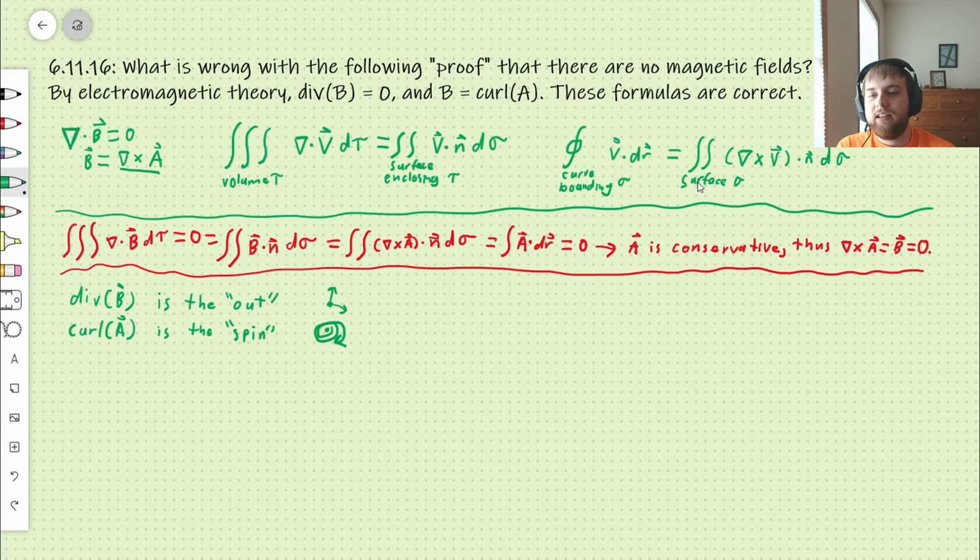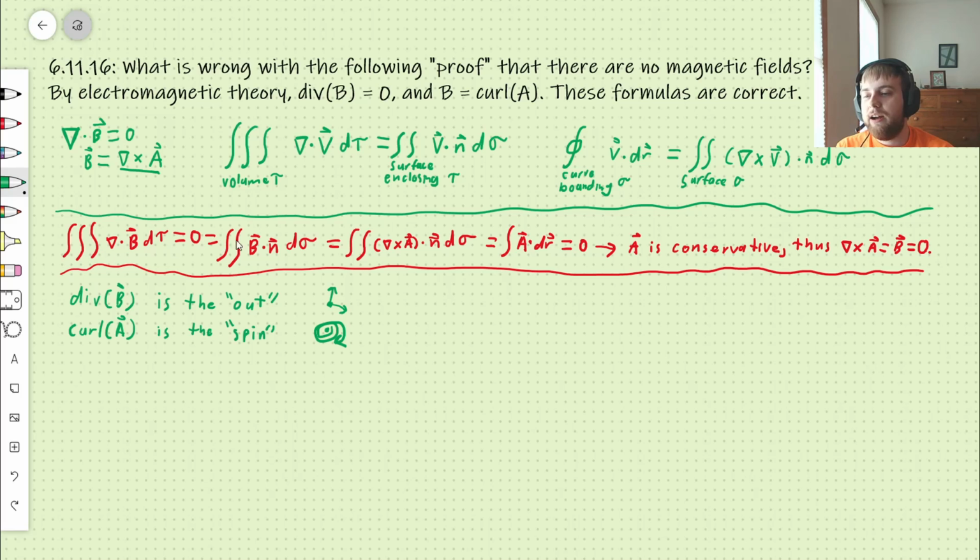In fact, you can't really have a curve that bounds an enclosed surface, because it would just go around the middle of the surface or something like that. But you can have a curve that bounds an open surface, like the rim of a butterfly net. So that's essentially where the problem is.